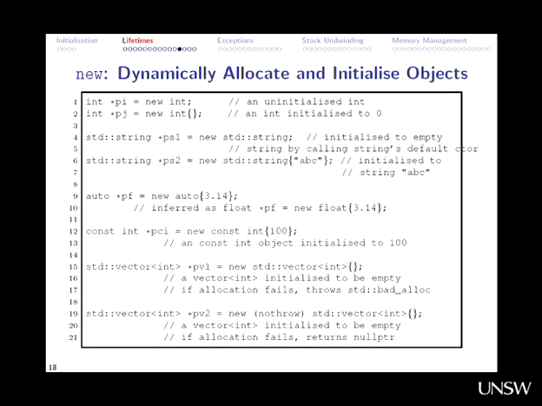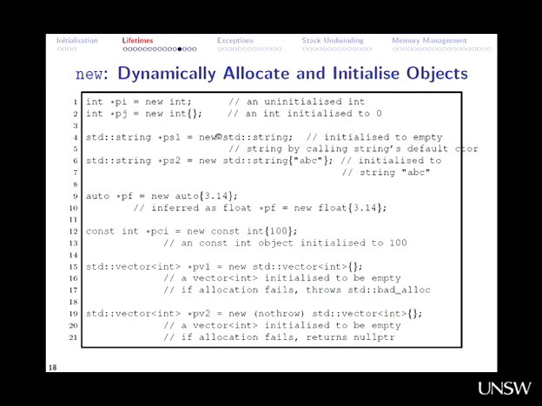And so here's a whole ton of ways to dynamically allocate and initialize objects. I can create a pointer, pi, which just says new int. Okay? It's an uninitialized int. I can say pj with curly bracing like this, uniform initialization, and it's initialized to 0 by default.